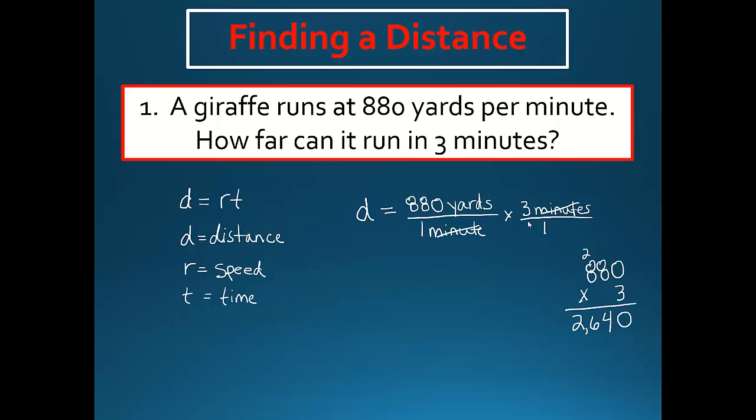So 880 times 3 is 2,640. On the bottom, we just have 1 times 1, which is 1. And if we divide this by 1, we'll get the same thing. And then our label is yards. So our distance is equal to 2,640 yards.